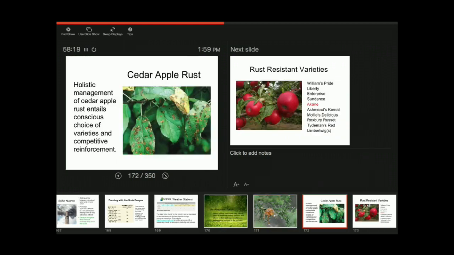On the apple tree, what you're going to see is orange or yellowish spots. That tells you totally I'm dealing with cedar apple rust. So even if you haven't seen those gelatinous bombs on the red cedar tree, you're going to know yellow and orange spotting, cedar apple rust. It's not frog eye leaf spot. That was purple and tan spotting.